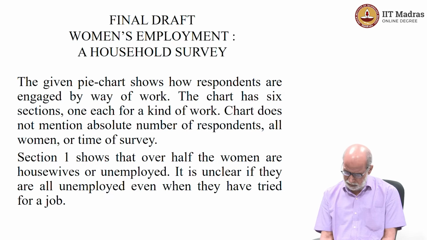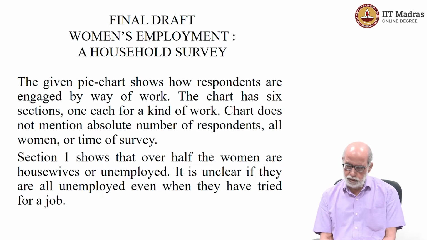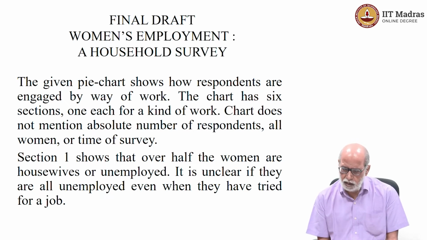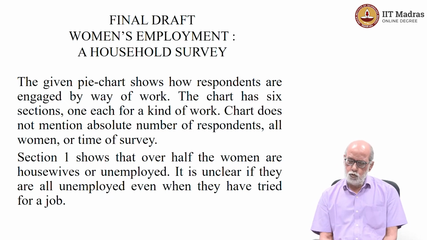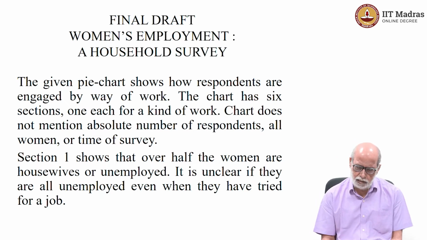And it also shows that all respondents mentioned here are women. But time of survey, etc., are not indicated. We do not know when this survey was done. There is nothing like that on the chart.